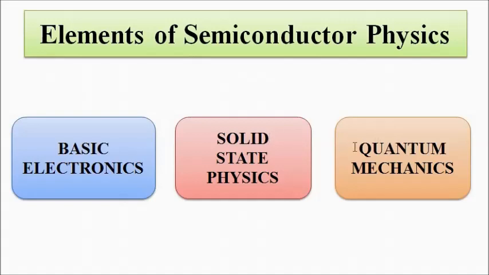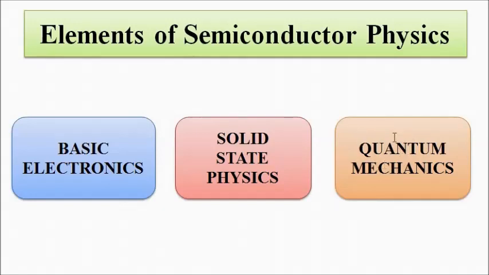And then the quantum mechanics concept will come into play, because quantum mechanics deals with the mechanics of subatomic particles. Now we all know that the electrical conductivity in semiconductors is because of electrons and holes. So in order to understand their movement, the various phenomena associated with it, we need quantum mechanics, not classical mechanics.